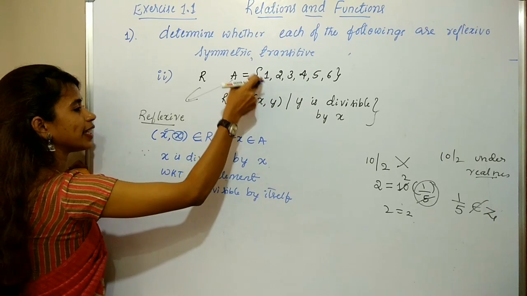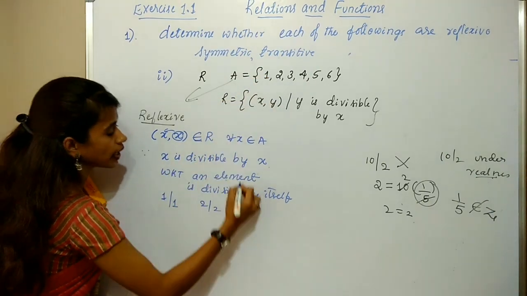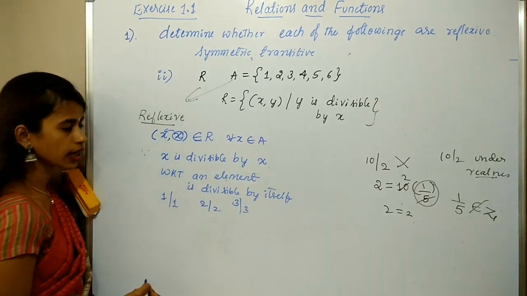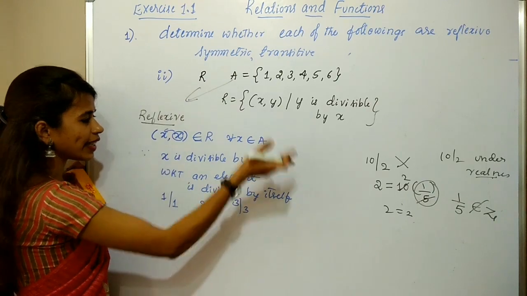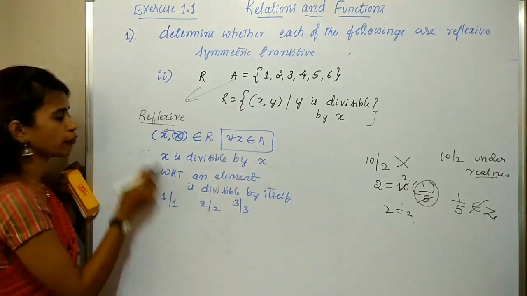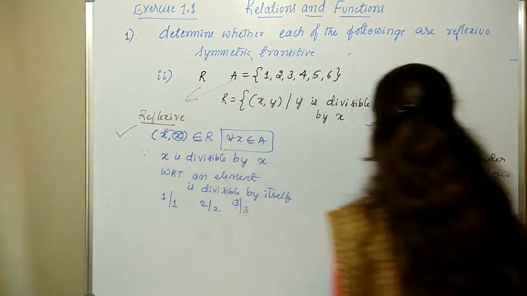If I take any element, 1 divides 1. If I take 2, 2 divides 2. If I take 3, 3 divides 3. Okay. So therefore that pair clearly belongs to R, for any element, for all x belongs to A. Therefore it is reflexive. Next, symmetric.